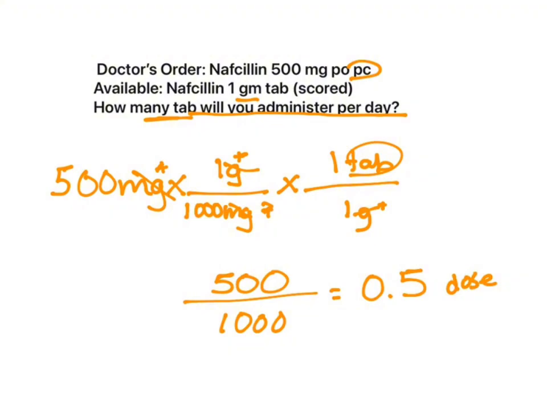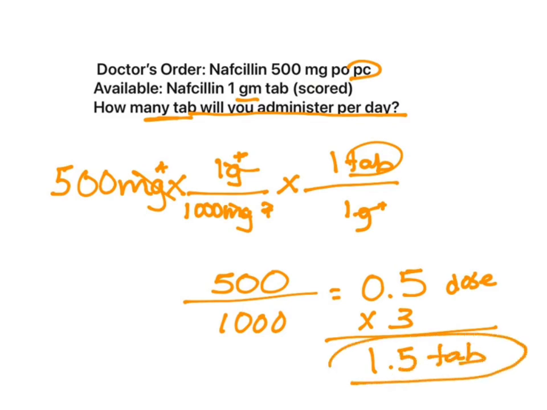PC means after meals. So in NCLEX world, the patient is only eating 3 times a day. So that's breakfast, lunch, and dinner. So that's 3 times. So we're going to take 0.5 and multiply that by 3, and we're going to get 1.5 tabs. So the patient is going to get 1.5 tabs a day.